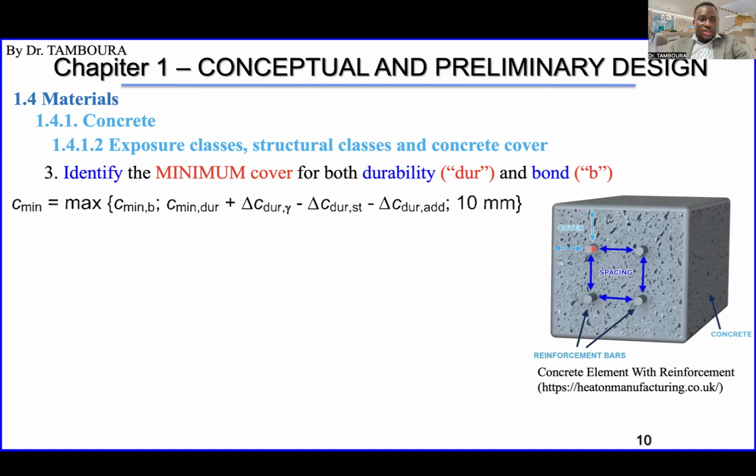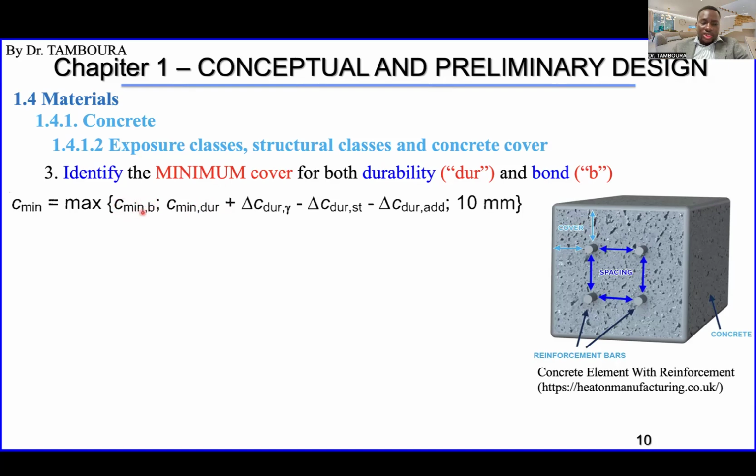So this minimum cover is C min, and it is obtained by using the maximum between these: C min,b, the b for bond, okay? And C min,d for durability, the minimum cover for durability.